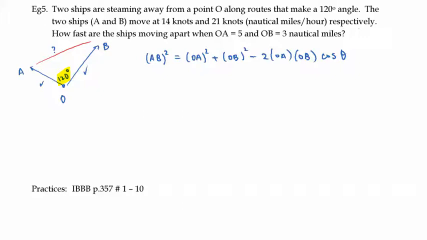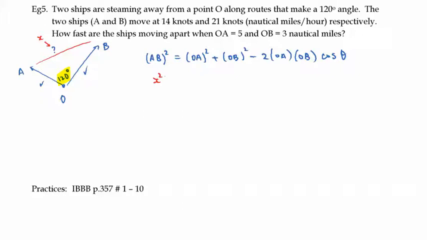But of course, you probably don't like working with AB, OA, OB. You probably want to make a substitution here. Let me call AB x, something that we are trying to solve.